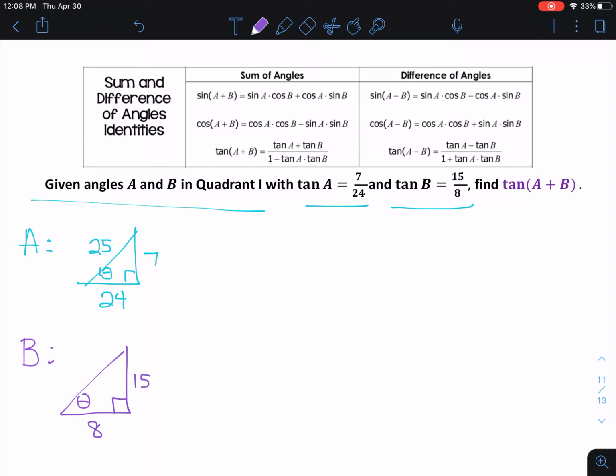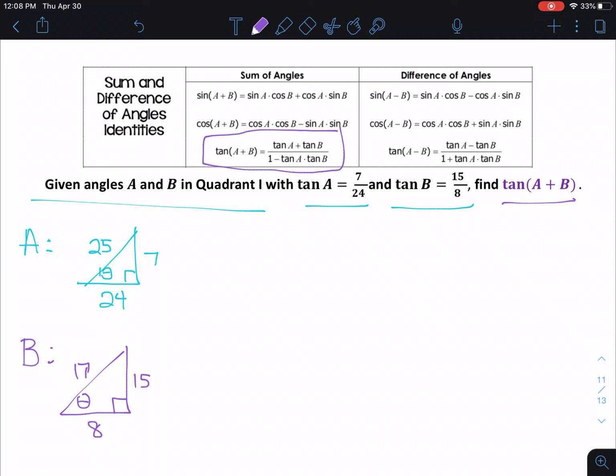So again, do a little figuring to try to find your hypotenuse. 8 squared plus 15 squared equals c squared. Take the square root, you should get 17. Okay, so again, you won't always need the hypotenuse there, but it's helpful to have it because a lot of times you do. So now I have a plus b, so I'm going to use this formula right here.